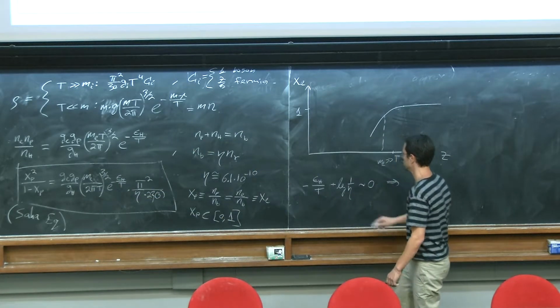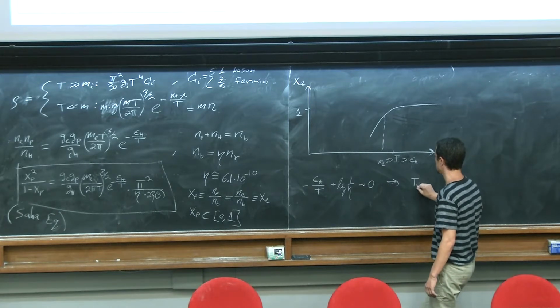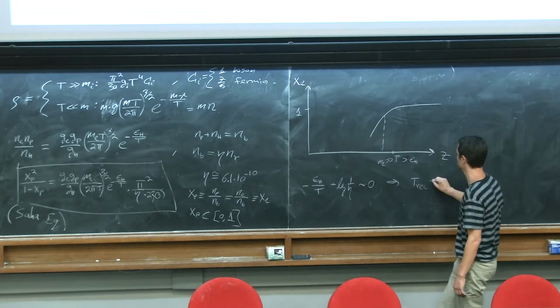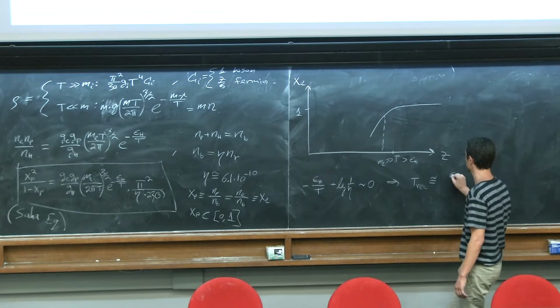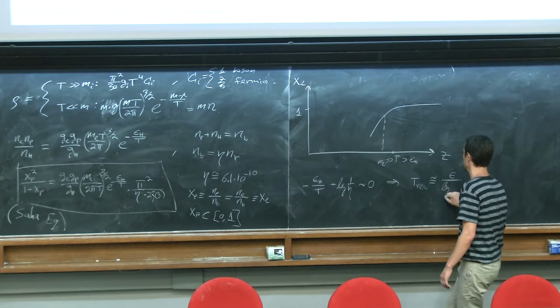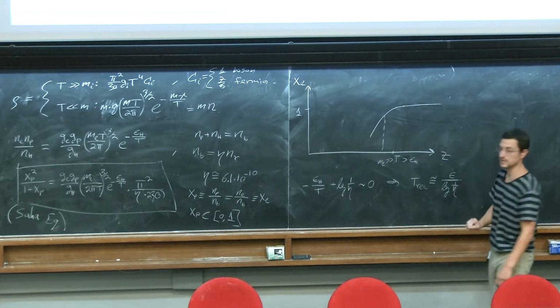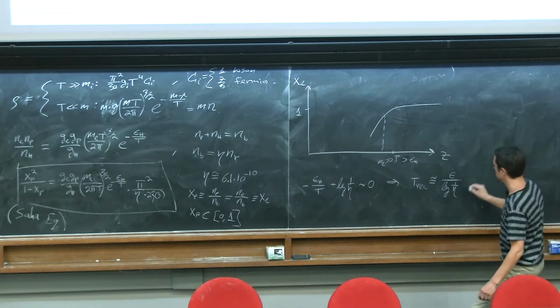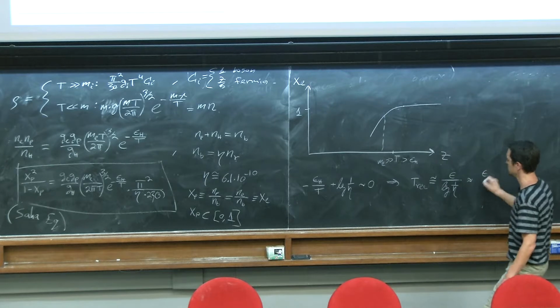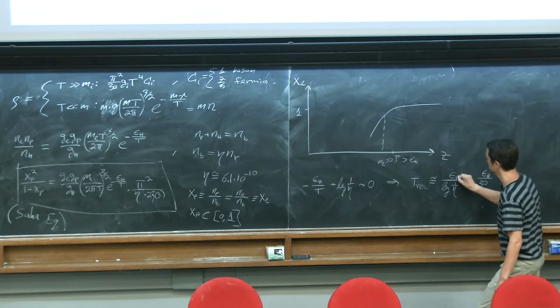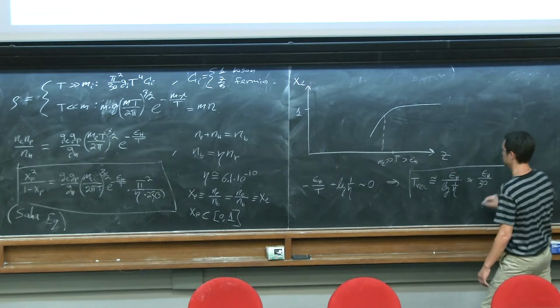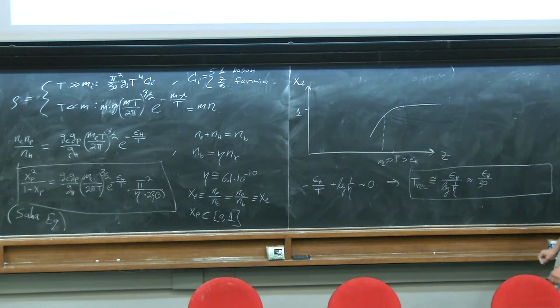Which means the solution of this is that the temperature of recombination is roughly the binding energy of hydrogen, as you would expect, divided by log of 1 over eta, which is roughly 30. So we found cosmic recombination.